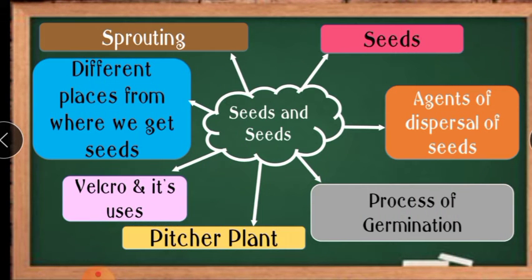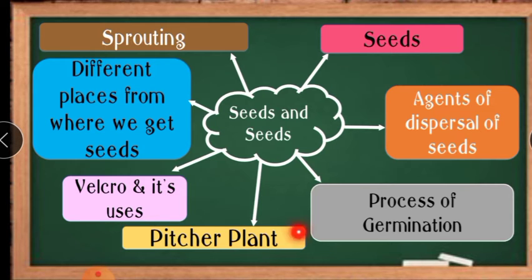Now, before starting with the chapter, let us quickly see the mind mapping of the chapter. First is sprouting. Second is different places from where we get the seeds. Next is velcro and its uses.